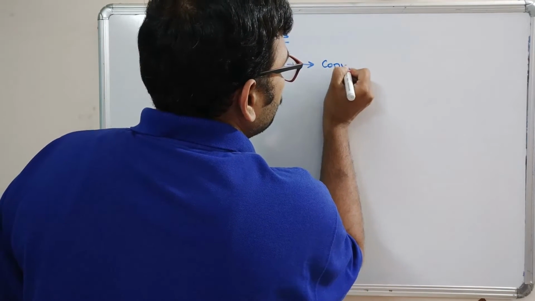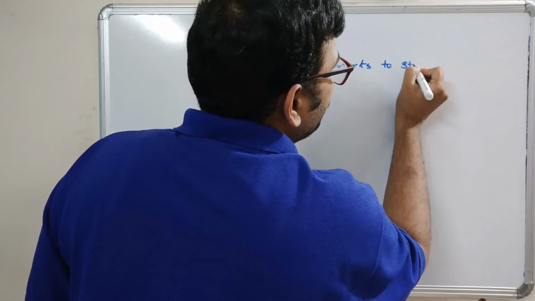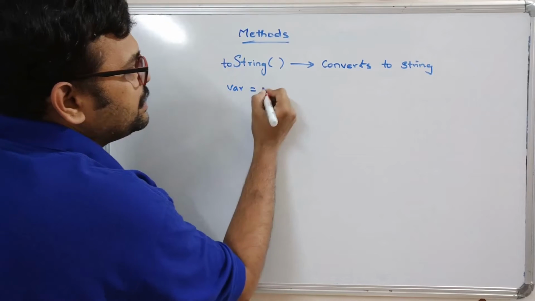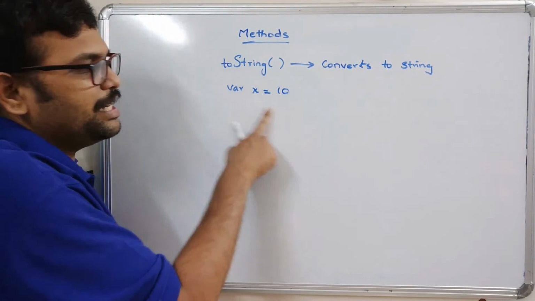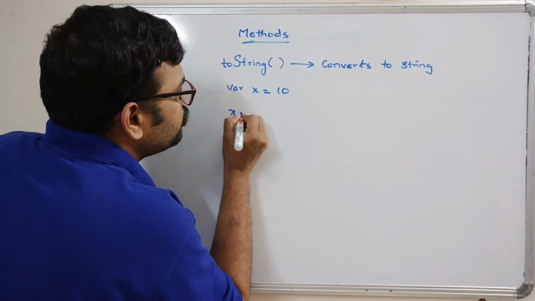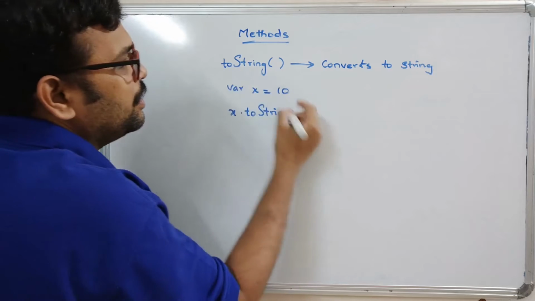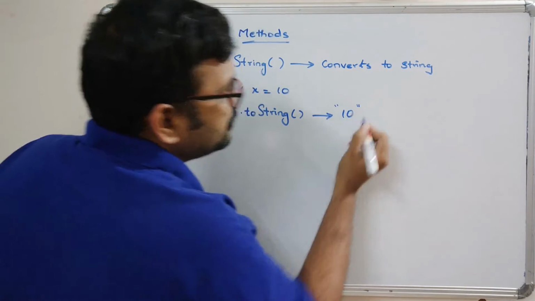It converts to the string data type, for example, x is equal to 10, here 10 is a number, so x.toString, where S is a capital, it will return 10 as a string.